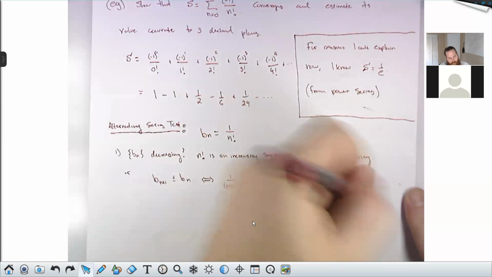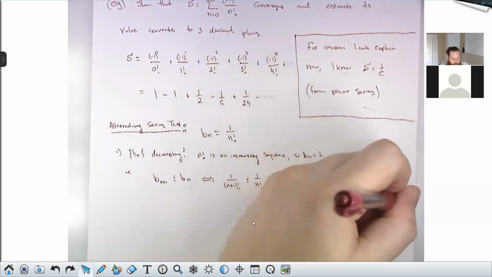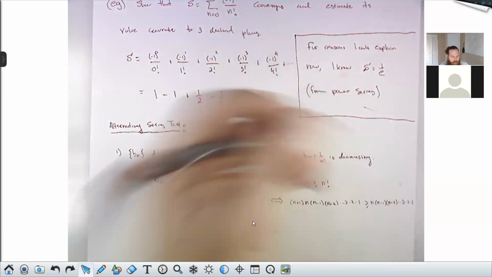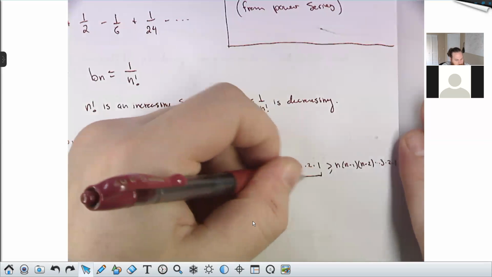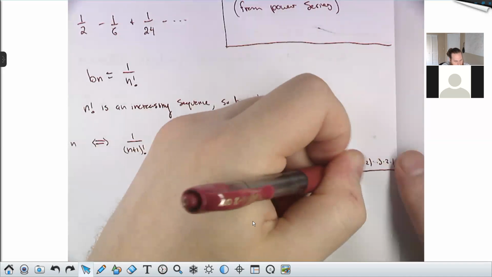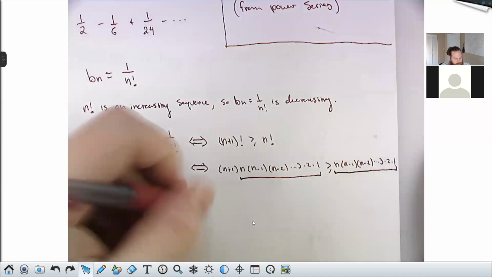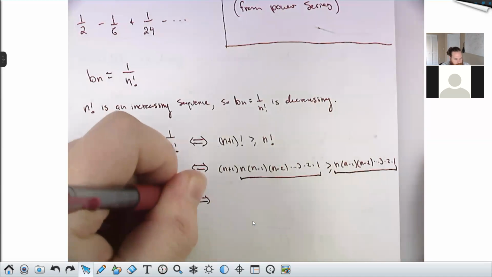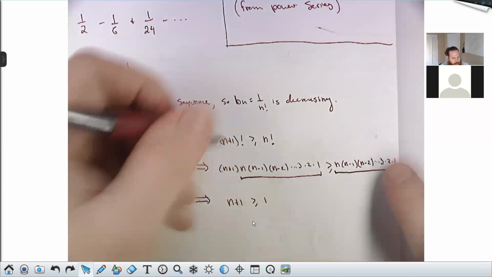And n factorial is n times (n minus 1) times (n minus 2), all the way down to 3 times 2 times 1. And now you can divide both sides by this chunk. It's the same chunk on both sides. And if you divide both sides by that, you get the statement that n plus 1 is greater than or equal to 1, which is true.